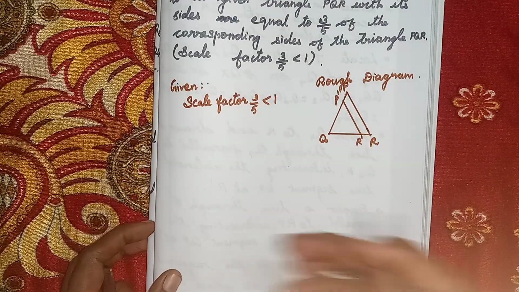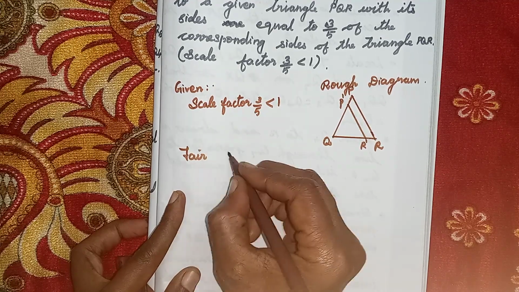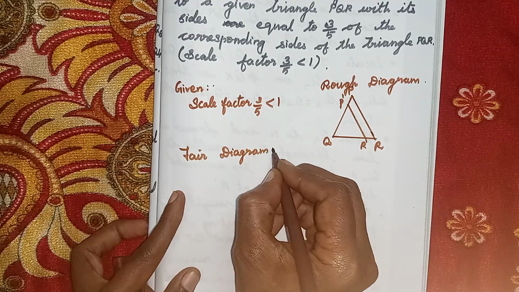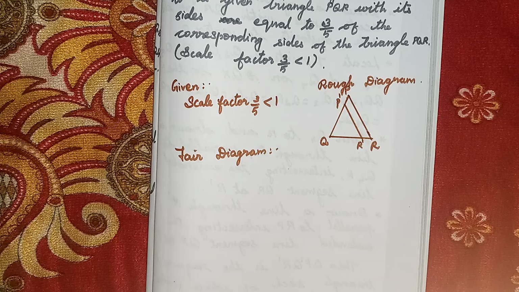Next, the fair diagram. We have to draw a fair diagram. In this fair diagram, first you have to construct any one of the triangles.